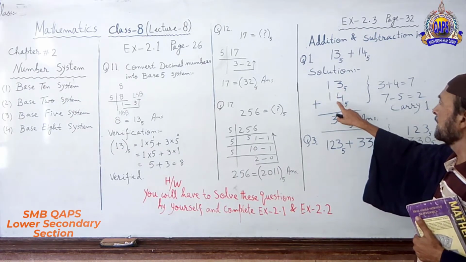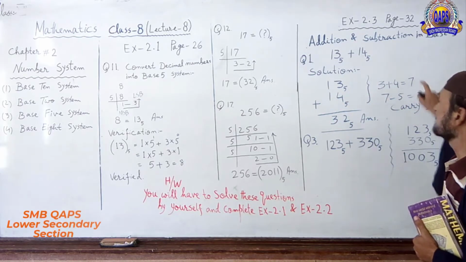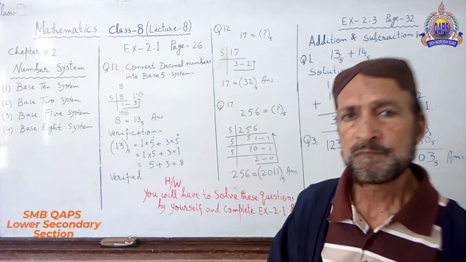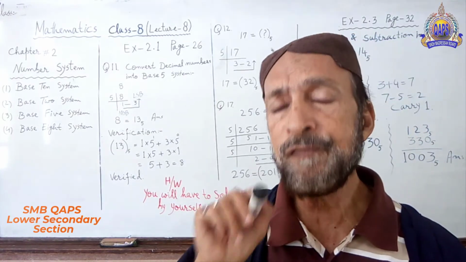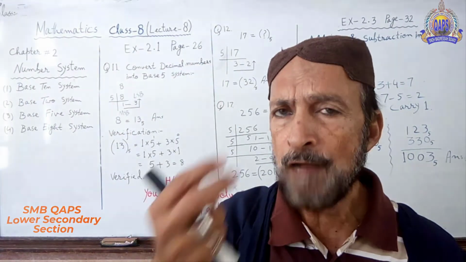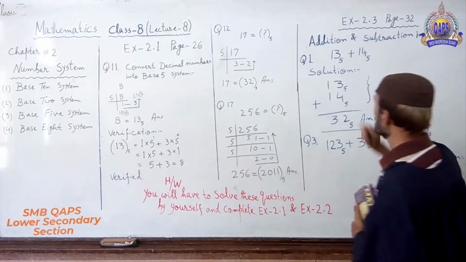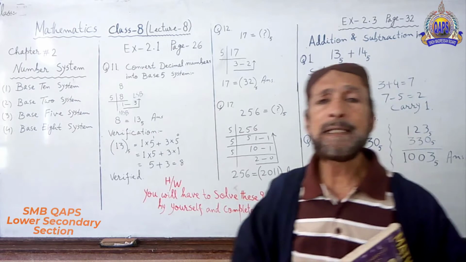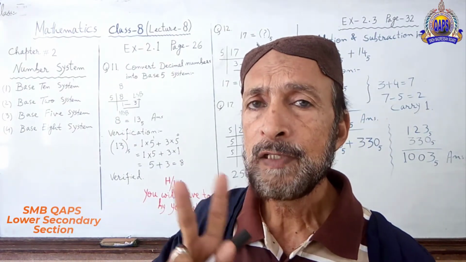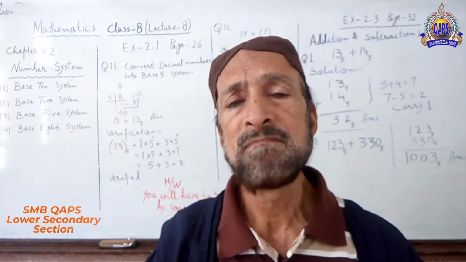3 plus 4 is equal to 7. We will not write 7 over here because it's base 5. So take out 5. Take out 5, left 2. And you took out 5, it will go to left hand side, carry 1.